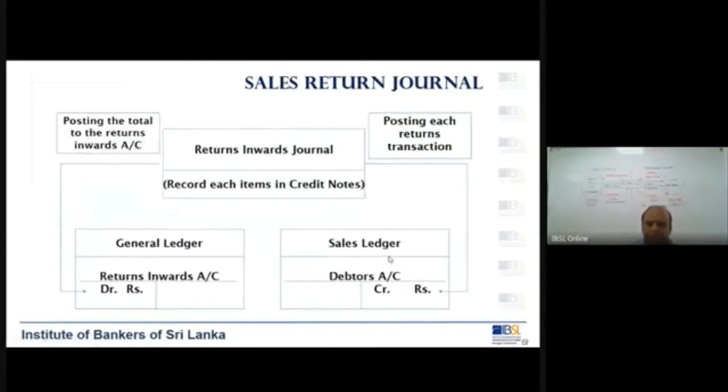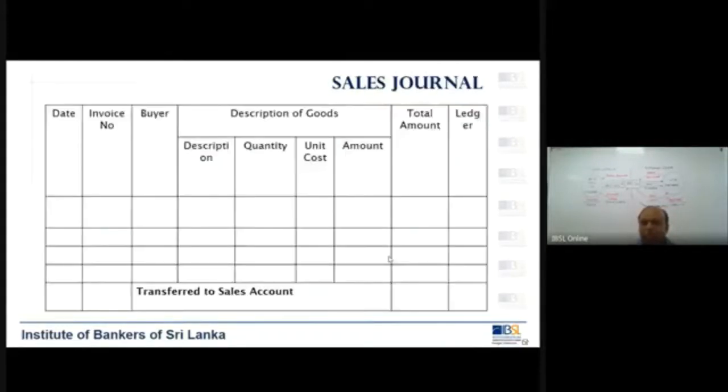Similarly, now when there is a return happening, that is, you have sold a product, and now this product is being returned. Again, you will go into a book called Sales Return Day Book. Not this book, but another book called Sales Return Day Book.